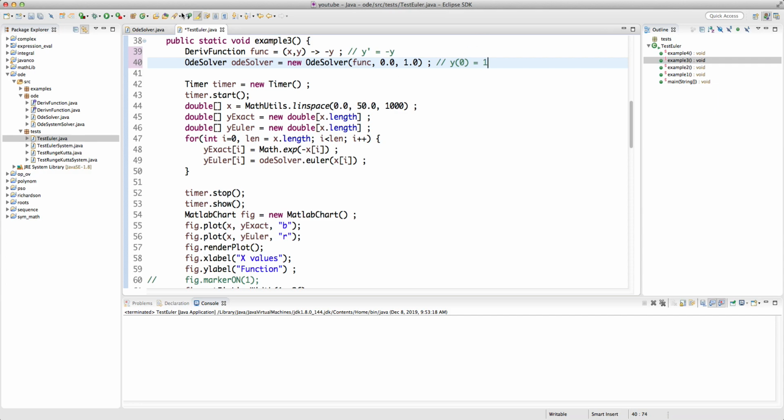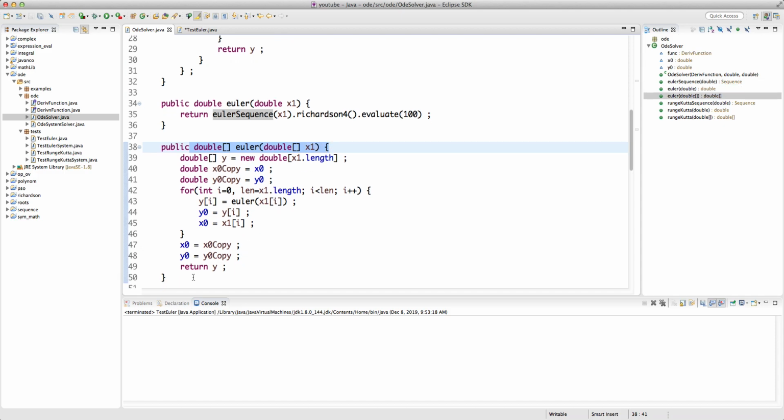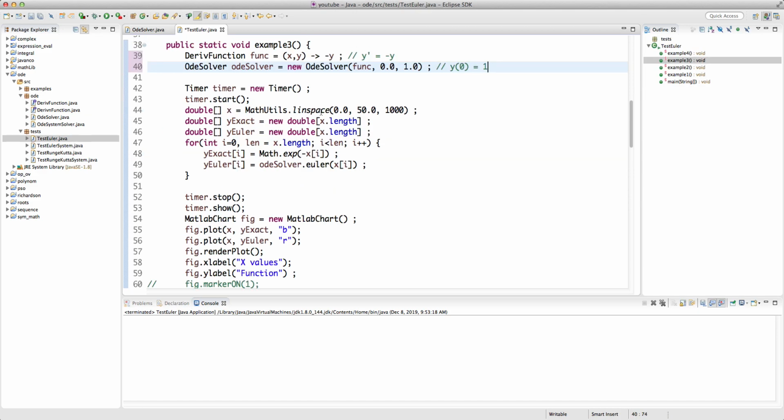Here I'm going to use the method that we just wrote, including the trick we use for changing the initial condition when we are passing an array of x values. So here I'm creating an array from 0 to 50. I want to find the value of the solution y at 1000 points from 0 to 50.